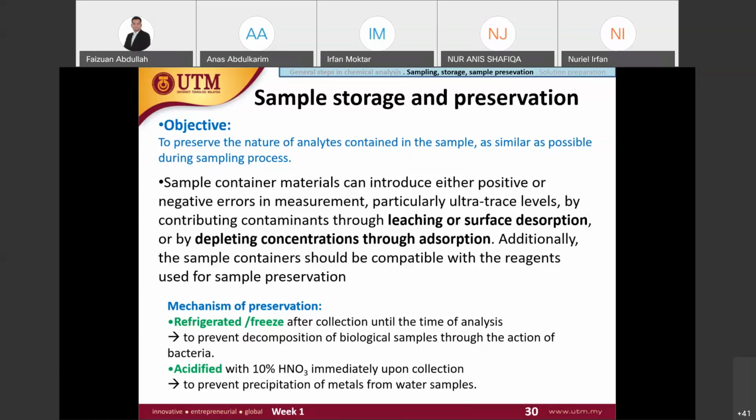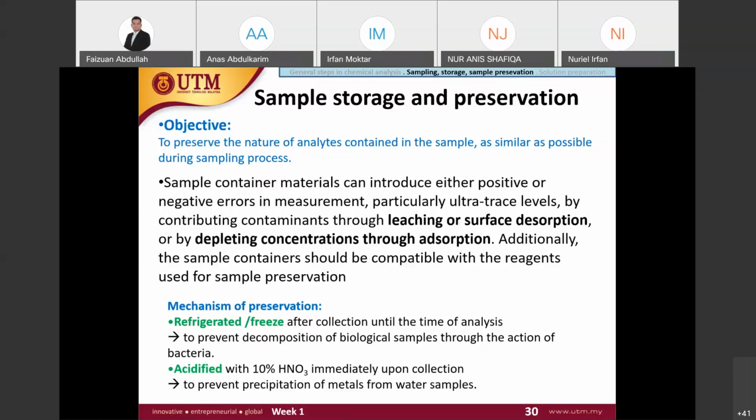Remember, why we need to refrigerate or freeze a sample is mainly because of the biological things inside the sample. If you want to analyze biological analytes inside the sample, for example, bacteria, okay, a virus, and so on, we have to freeze or refrigerate the sample to prevent the decomposition of the biological samples through the action of the bacteria, right?